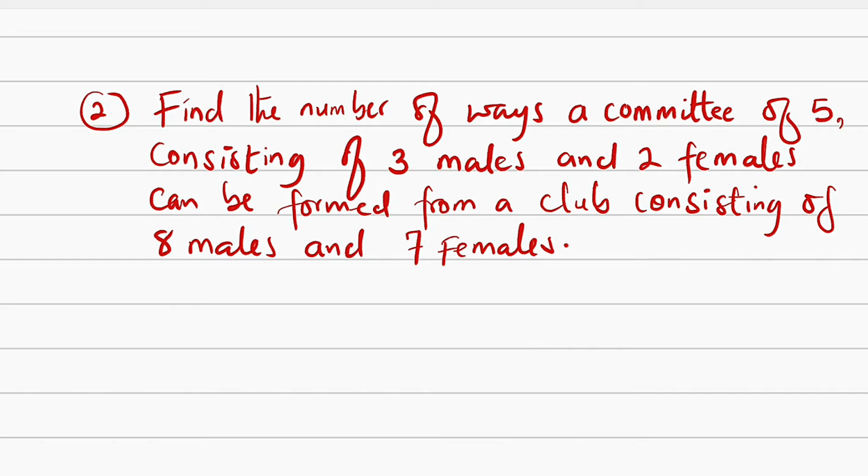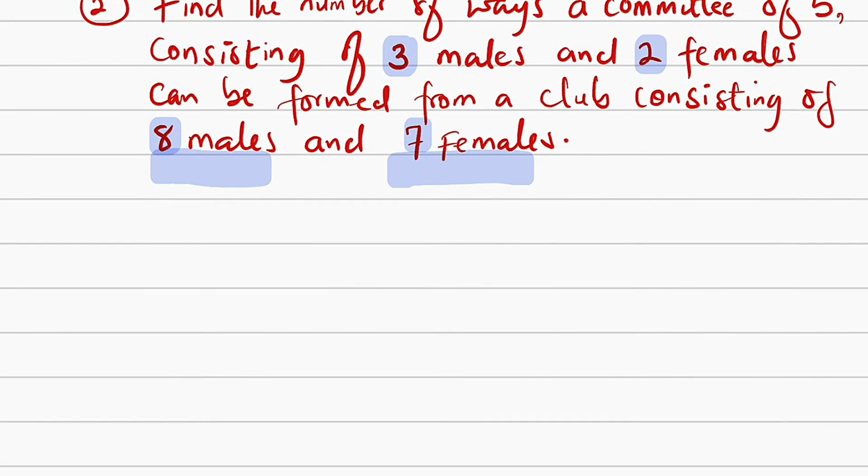So to find the number of ways a committee of 5 can be formed by combining 3 males and 2 females from 8 males and 7 females, we are going to multiply the number of ways 3 males can be selected from 8 and 2 females can be selected from 7. This is the same thing as 8 combination 3 multiplied by 7 combination 2.